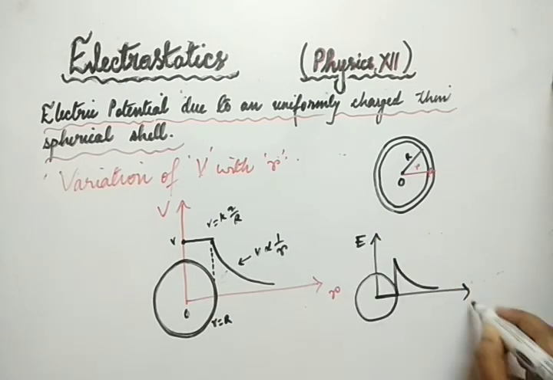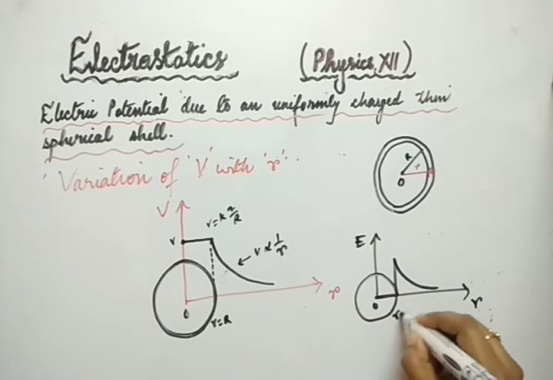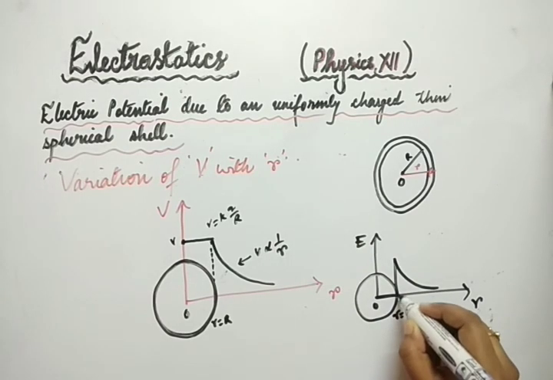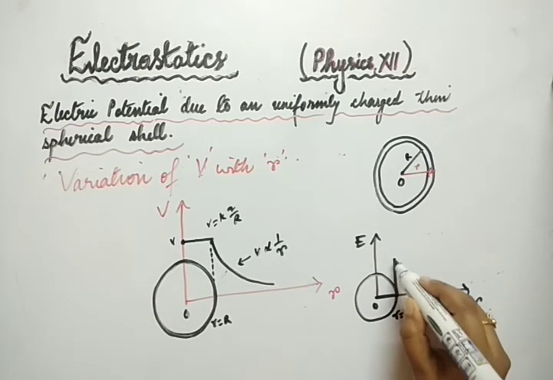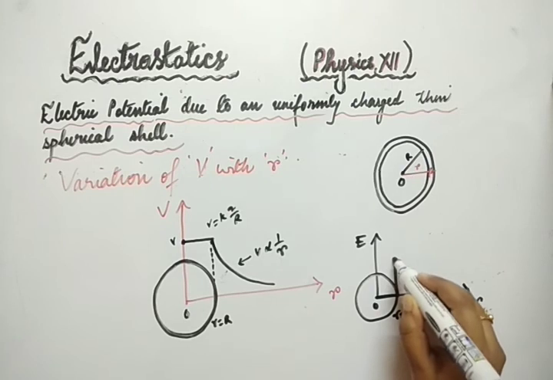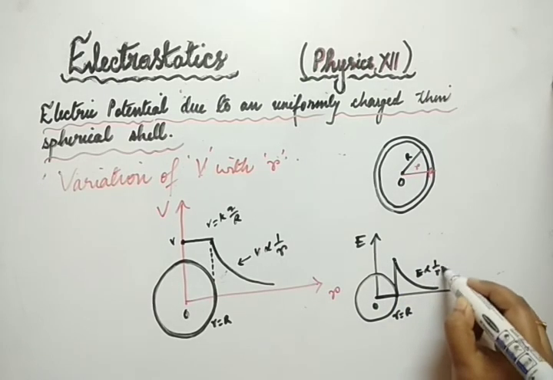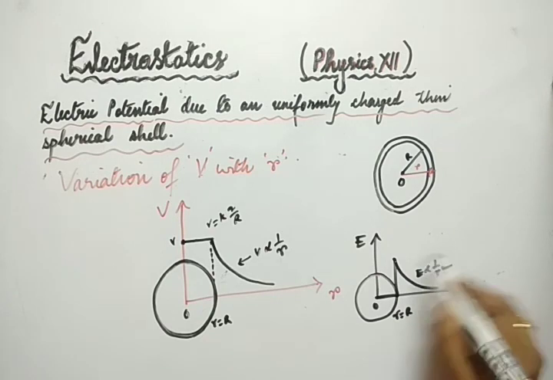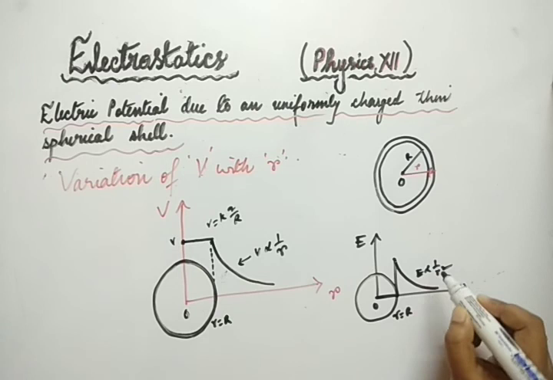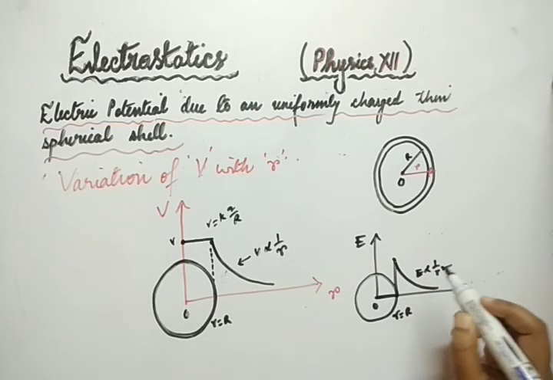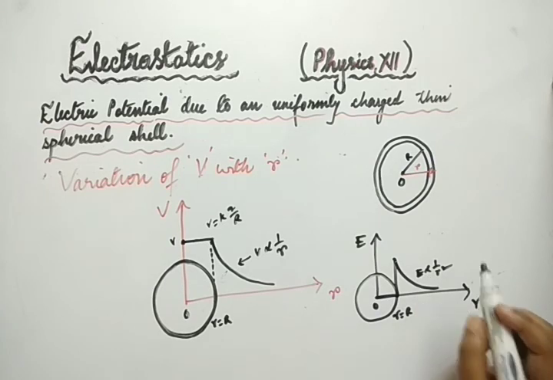If this is E, this is R. So your electric field is 0 at all points inside this surface. Suddenly it has some value on this surface, and then it decreases, that is, when R increases, E decreases.